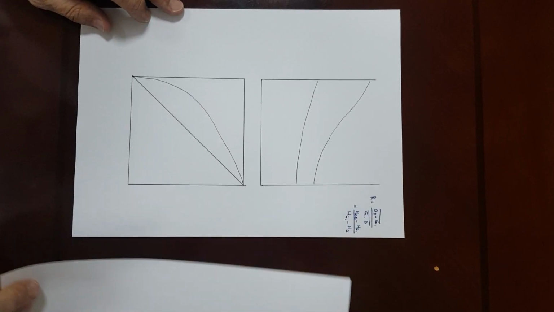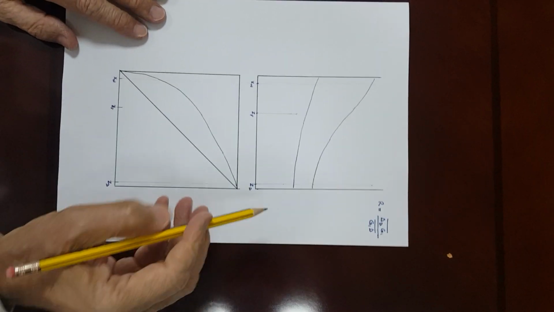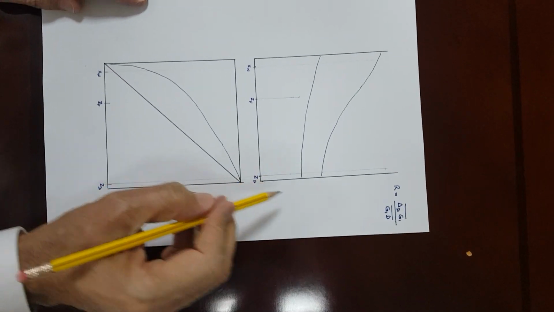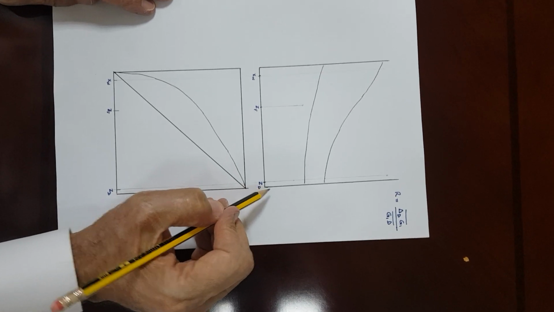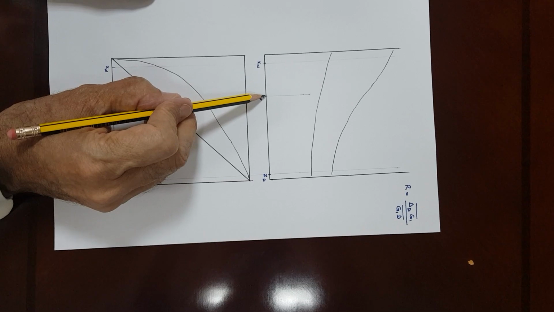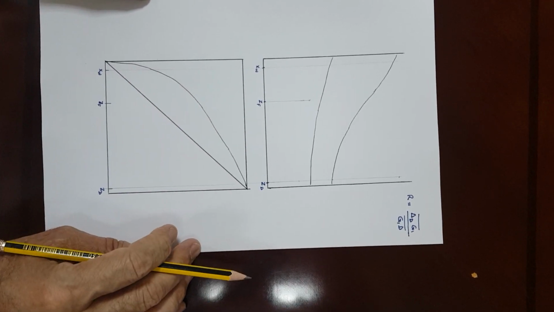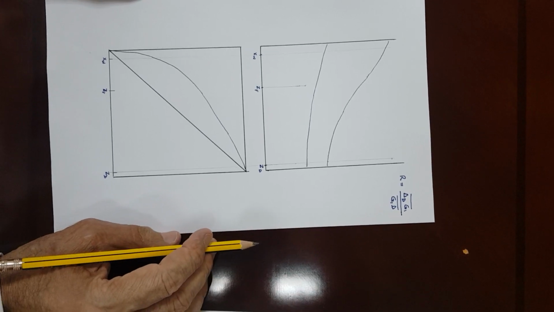So let's assume this is the distillate's concentration, somewhere here, ZD, and the feed concentration is somewhere here, about 0.4, and this is about 0.9 something.